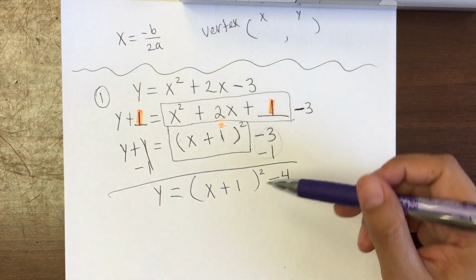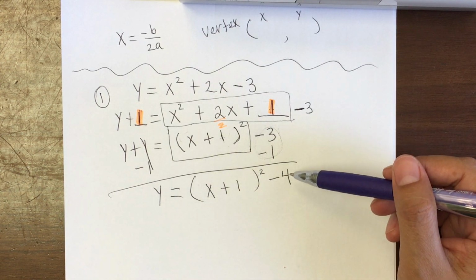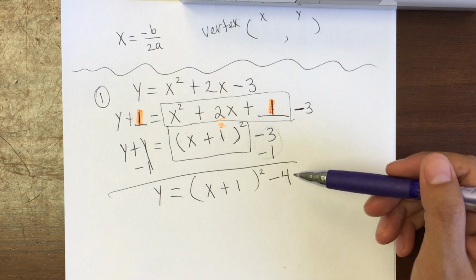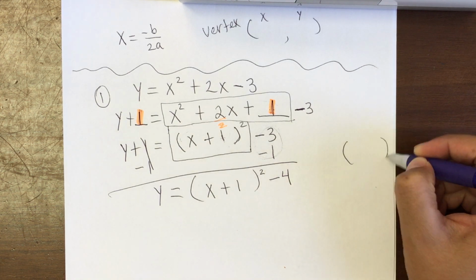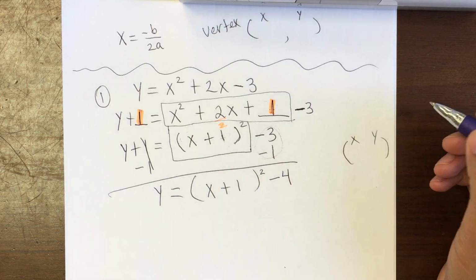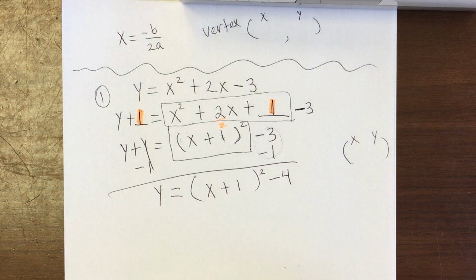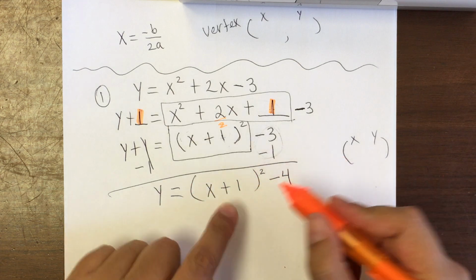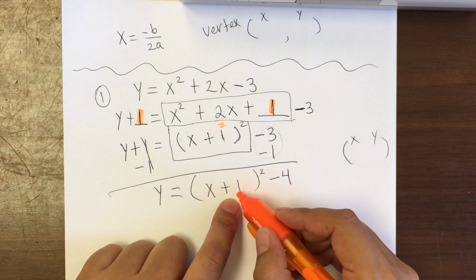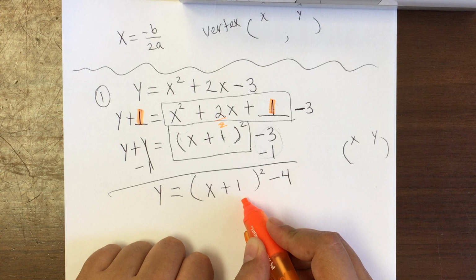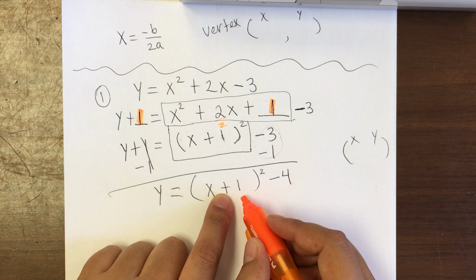So, how does this help us? Well, we are going to find the vertex, because from previous units, I don't know if you remember, that whenever we have something inside of a parenthesis being added, it moves to the opposite on x.